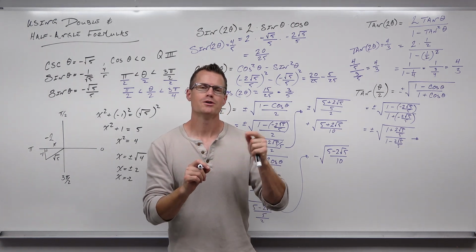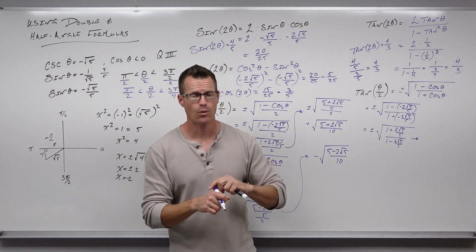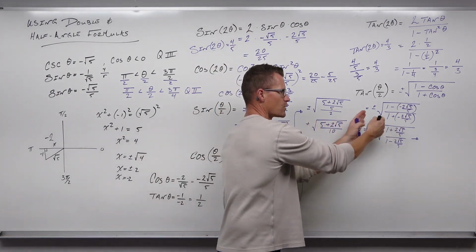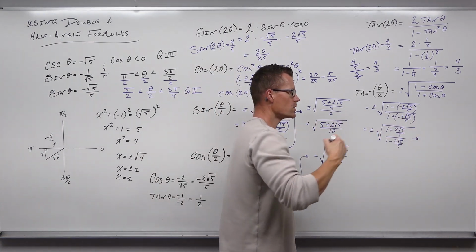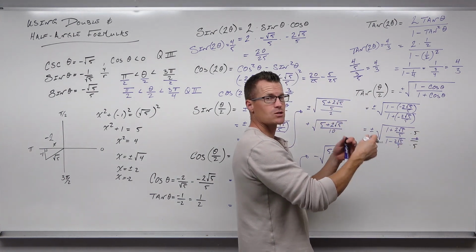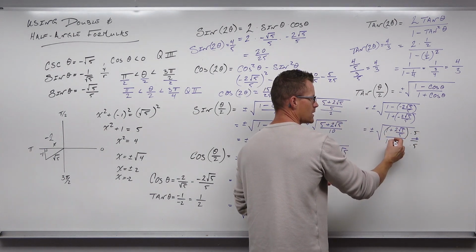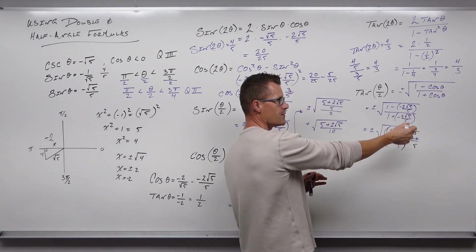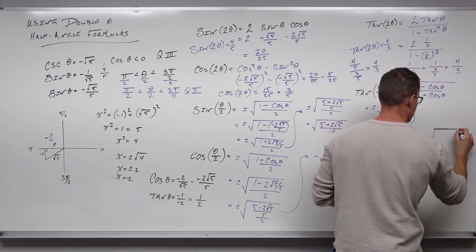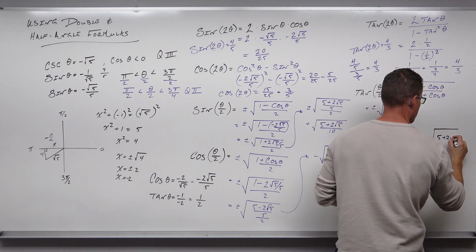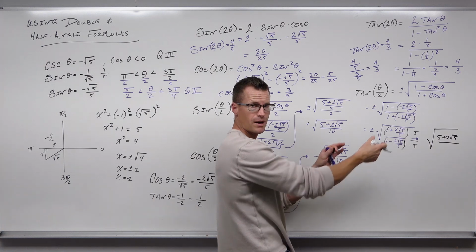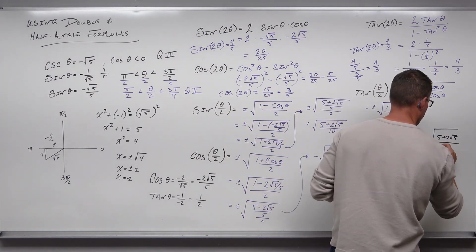But if you do that, do not forget that you have to distribute to that 1. I'm going to show you that right now. But either way you go, you can put this as 1 fraction over 1 fraction, or you can multiply by the LCD as long as you distribute here and here. So 5 plus 2 square root 5 over 5 minus 2 square root 5. The 5's cancel in the second fraction.